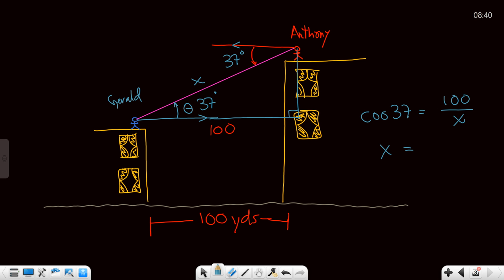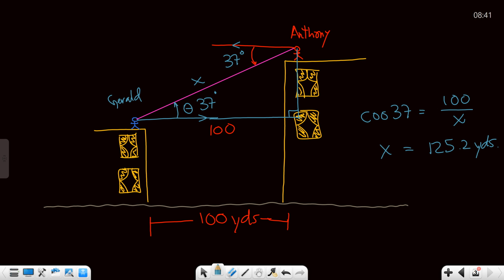Can somebody confirm 125.2? What are the units? Yards, good. Is that answer reasonable? Before we even started the calculation, what did we know about x? Longer than 100, very good.